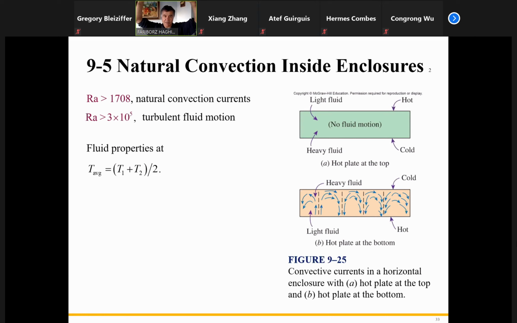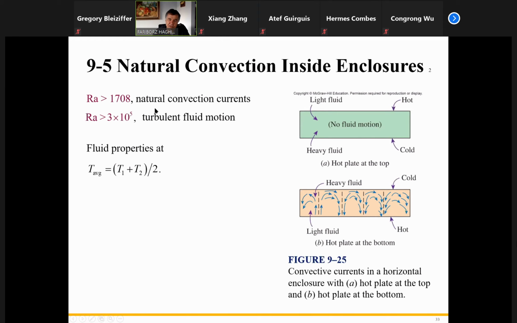They are heated only by radiation, but there is no convection because the hot air is up there, the cold air down here. The cold air does not have the energy to go up. Therefore, it's sitting down there, and the hot air is sitting up there. Okay, therefore in this case, we have only pure conduction, but in this case, we have convection.